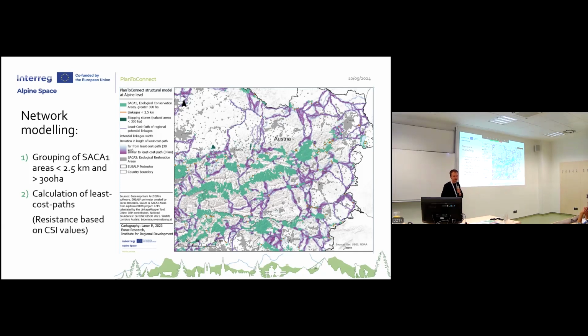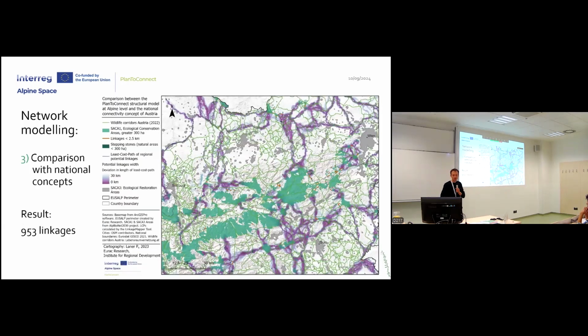At the next step, because this is only a structural approach, we compared this with the national concepts that we collected. Here you can see the wildlife corridors of Austria in green color that are overlapped with the corridors that we calculated in violet color between Salzburg and Vienna.